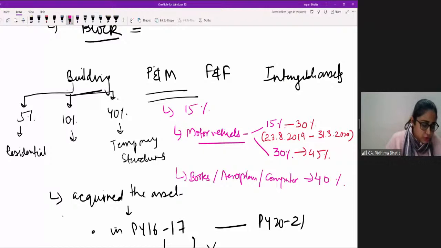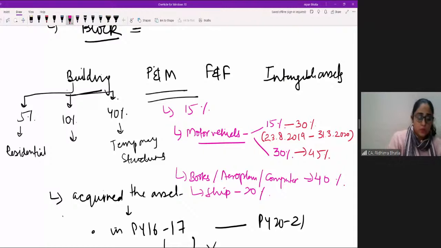What else you need to remember is for 15%, there are oil wells, then there are your windmills which are acquired before 31st of March 2014, but otherwise the windmill rate is 40%, because you will definitely have questions on those which are acquired after 1st of April 2014. Ships, it is 20%. Speedboat, ships 20%. Okay? This is for my plant and machinery part.